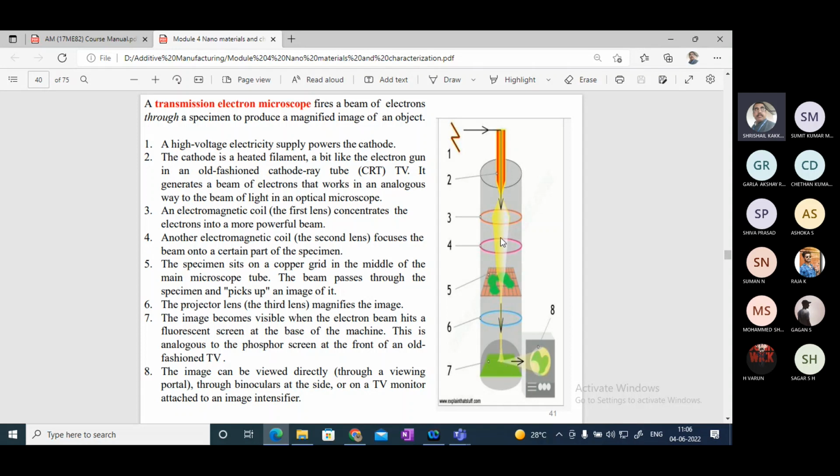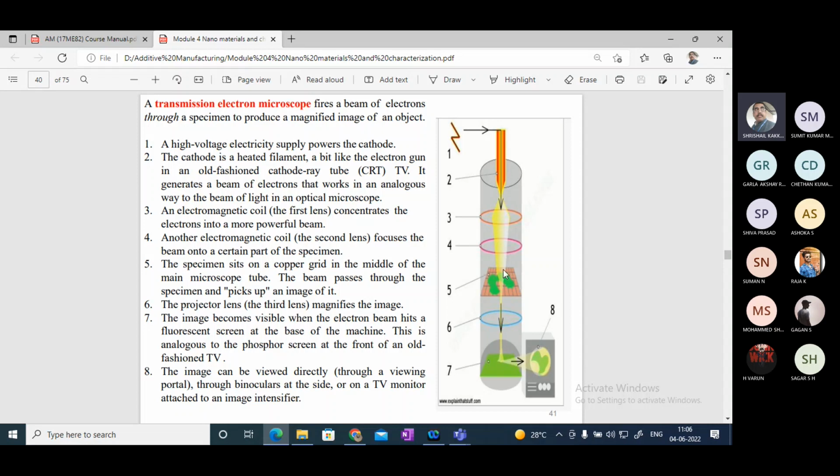All these can be operated manually, and this is called the copper grid. The other one is called the projector lens, and this will be the image.